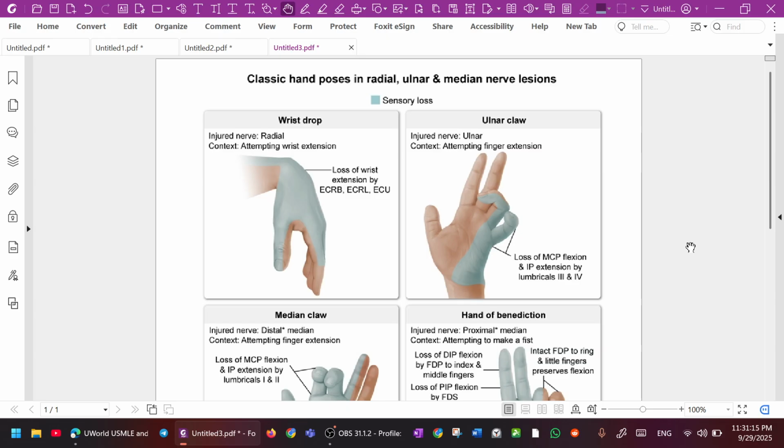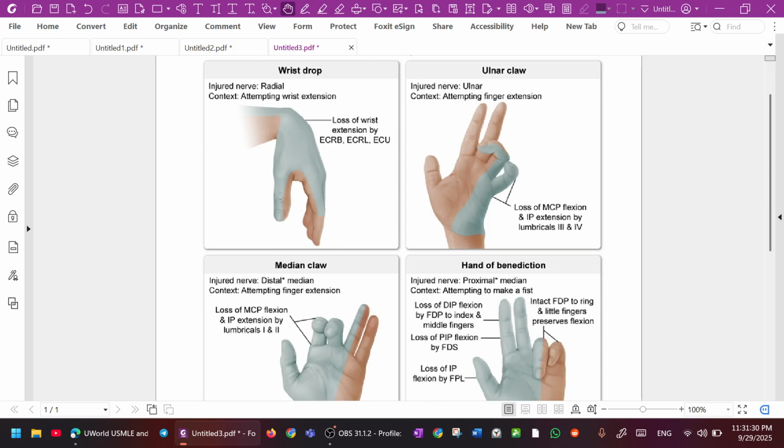And the intact FDP to the ring and little finger preserves flexion. Loss of IP flexion by flexor pollicis longus. This is hand of benediction. Very, very, very high yield.